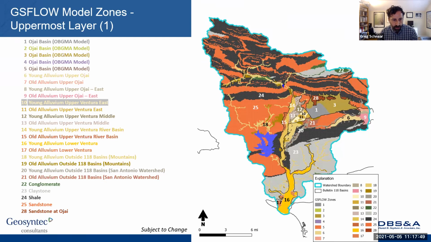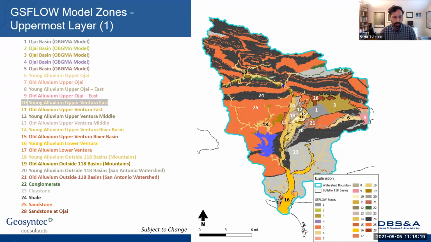Right now, although it says up to 28, there are a couple that are skipped as placeholders, so I think we actually have 26 zones at this point. And I'll point out some of these. This whole modeling effort really started as an expansion of a model that Daniel B. Stevens put together for the OBGMA originally in 2011, and it was recently updated last year.